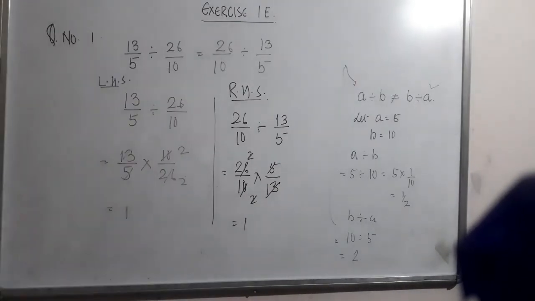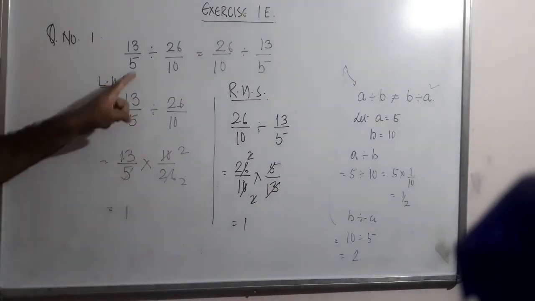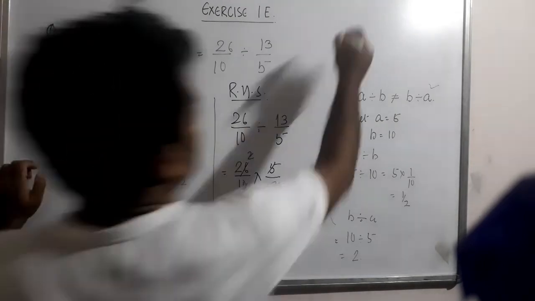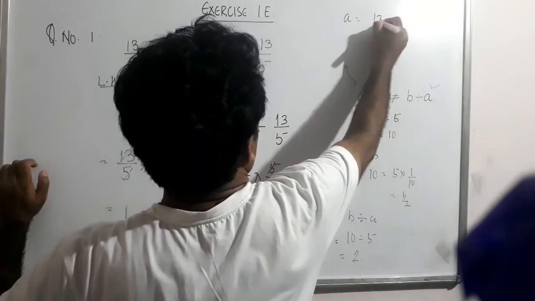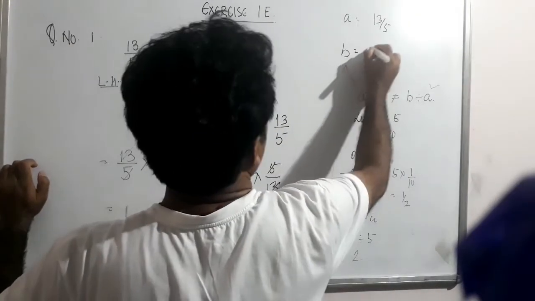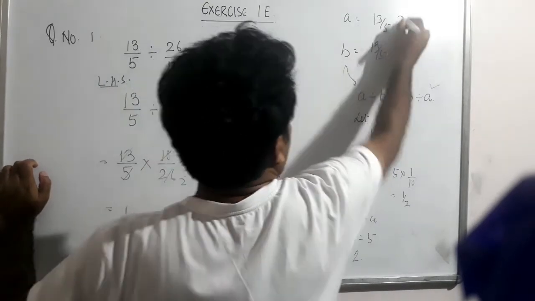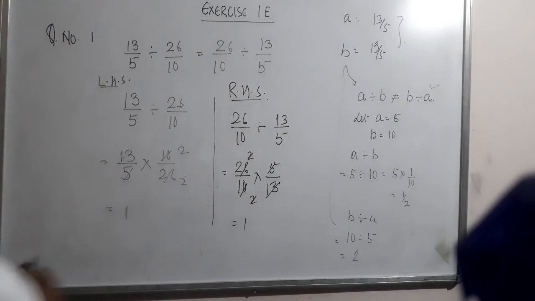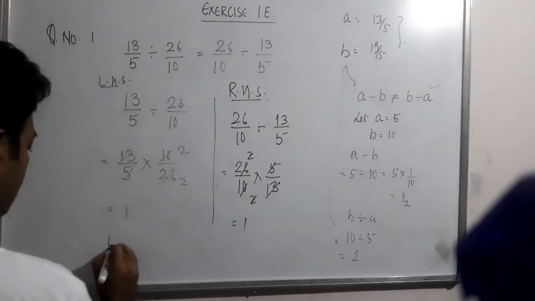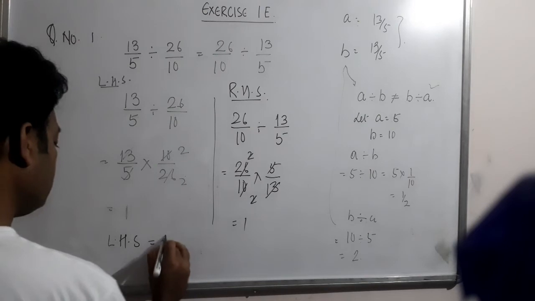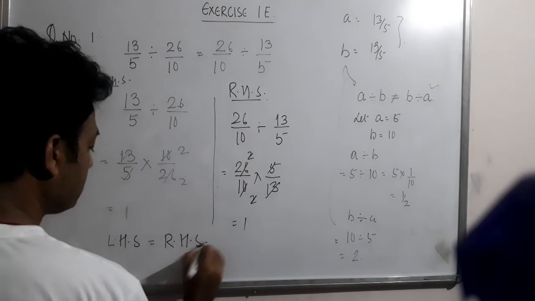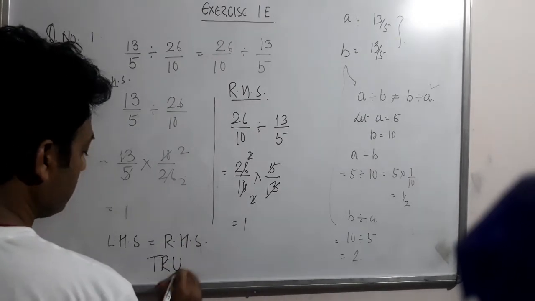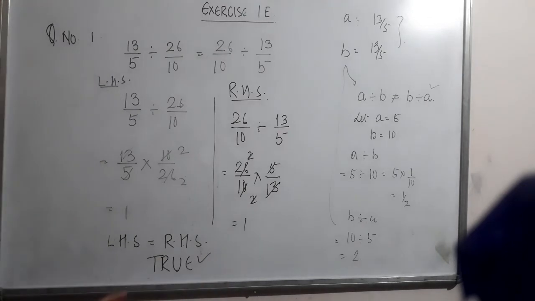See, here A is 13 by 5, and similarly B is also 13 by 5. That's why the answer comes to be the same. So here you will write LHS equal to RHS. So the answer is true. You have to write true.